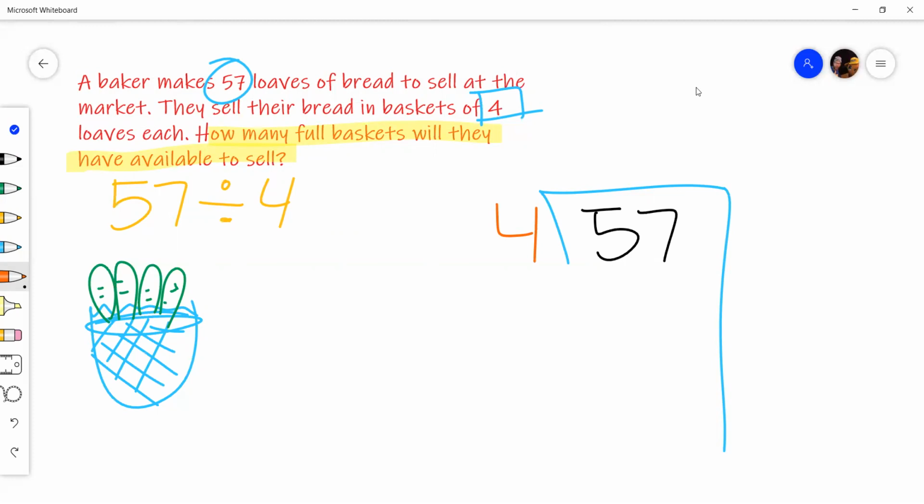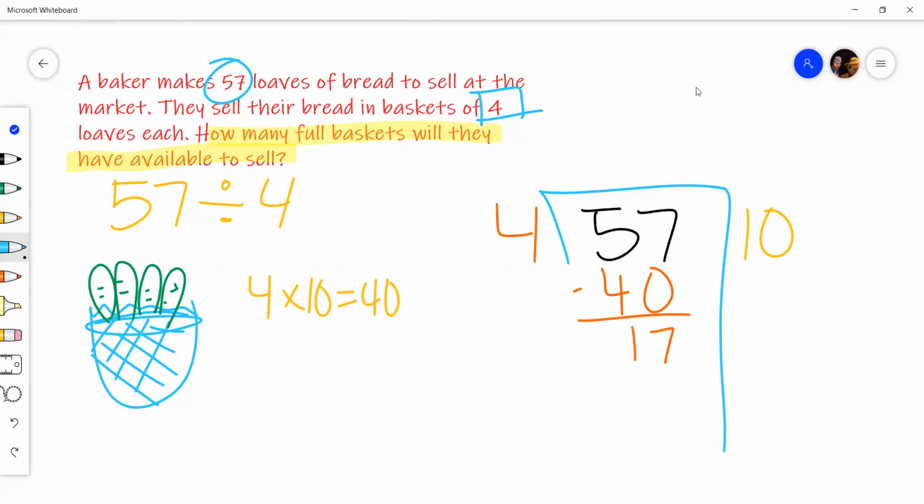My first thought right away is 4 times 10 equals 40. So that'd be a group of 10. It equals 40. I have 17 left. 4 times 3 equals 12. Gives me 5 left. And 4 times 1 equals 4. I'll have 1 left.